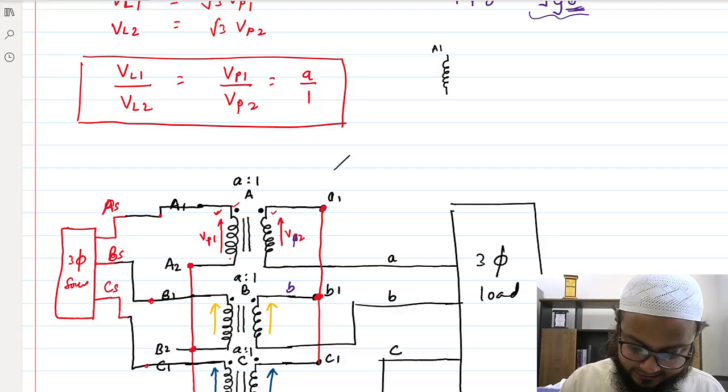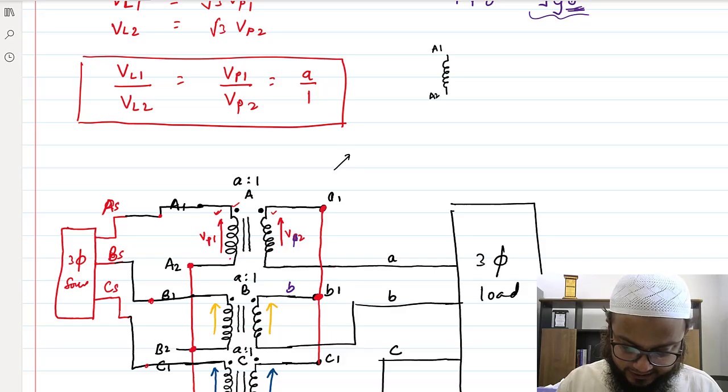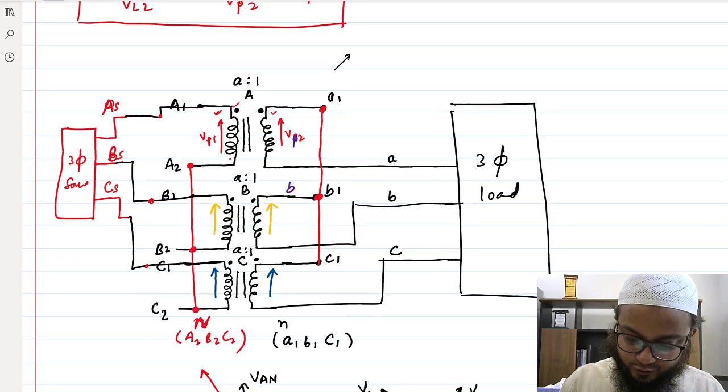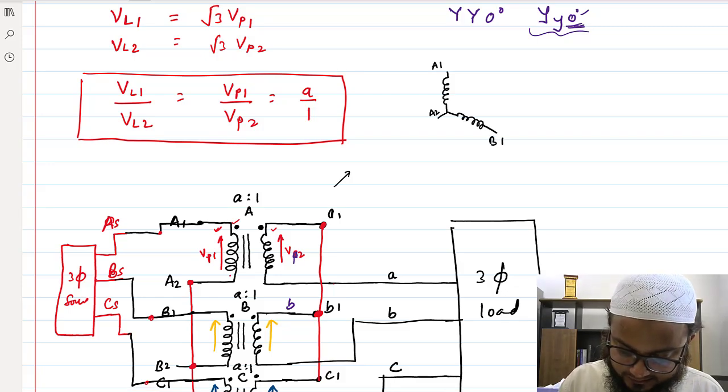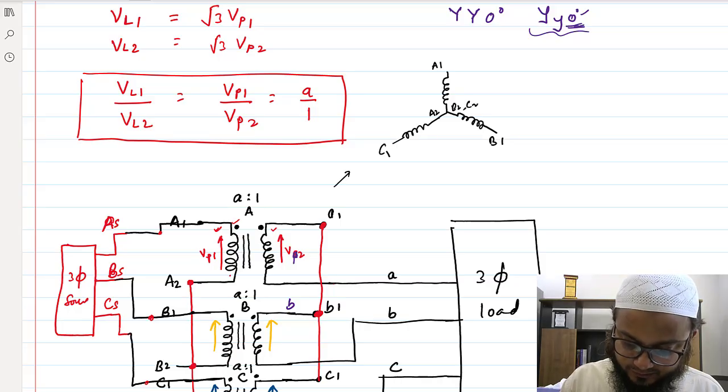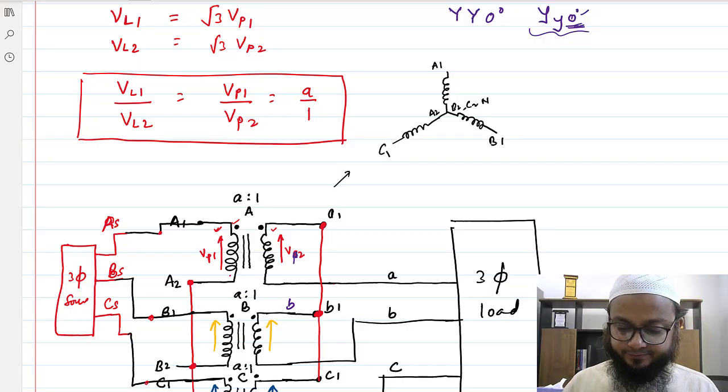I'm drawing for this connection. Okay, A2, then this A2 was connected with B2. Okay, so B2 here, and this is B1, and then this is C1. And here this is A2, B2 and C2, and these are all the neutral point of the primary side.